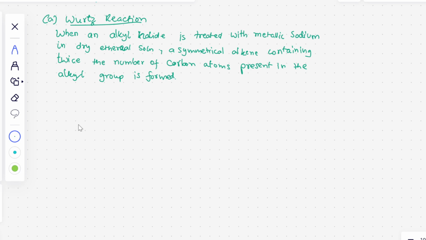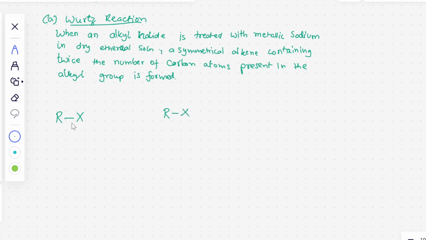An alkyl halide is something like an alkyl group attached to a halogen, right? What exactly happens in this kind of reaction is you take two of these alkyl halides.